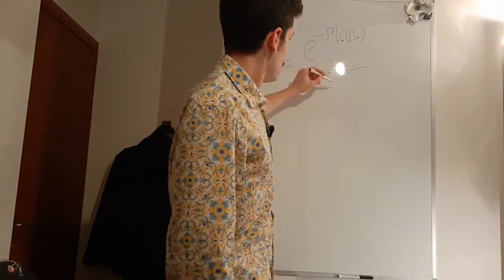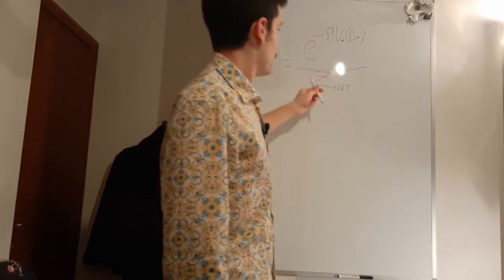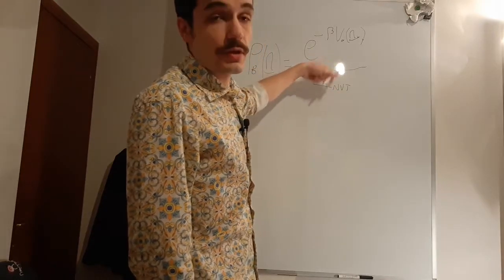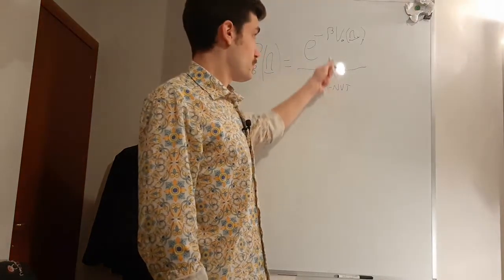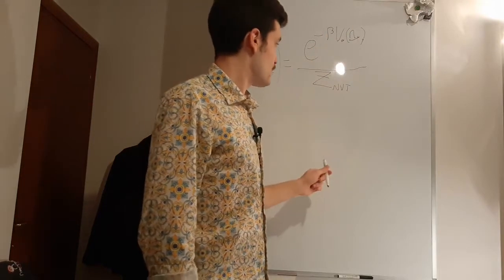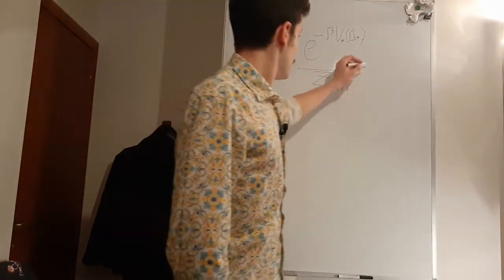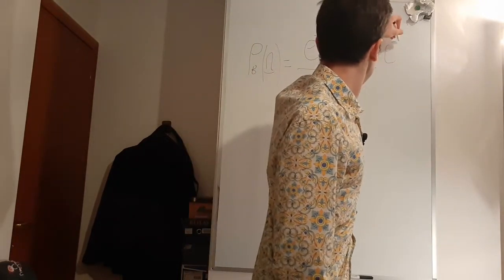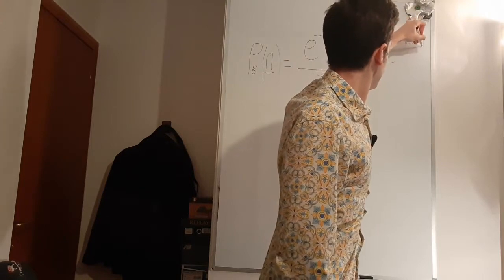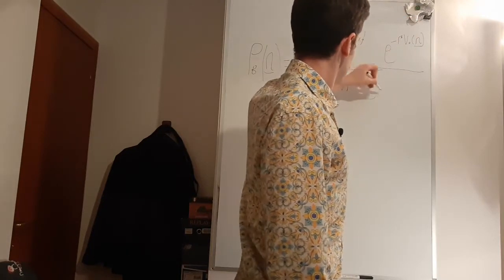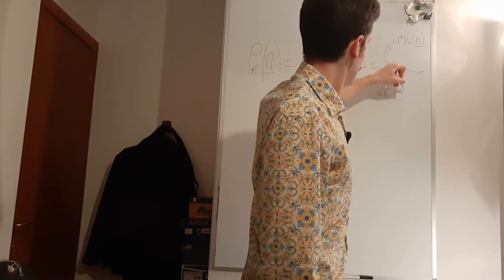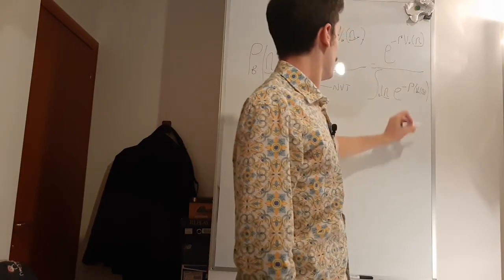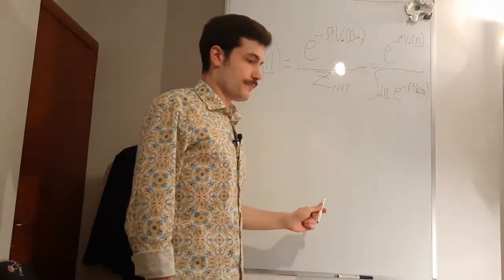Otherwise it would be the complete partition function. Now I'm considering it to be in the canonical ensemble, because in other ensembles it could look a little bit different. And as we know, the partition function is the integral of e to the minus beta V0 of r.